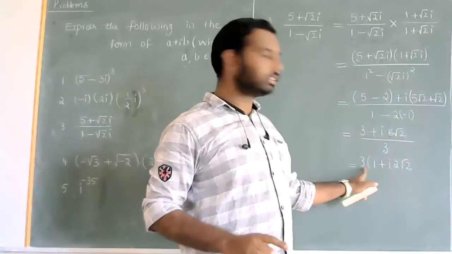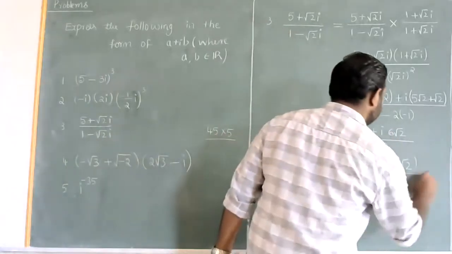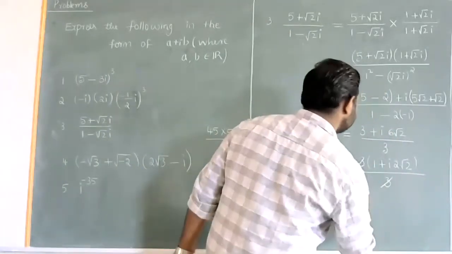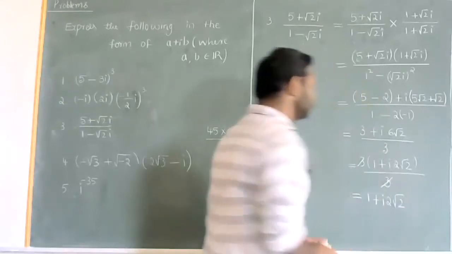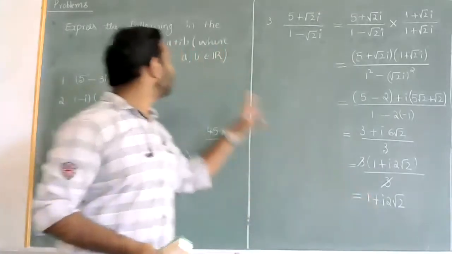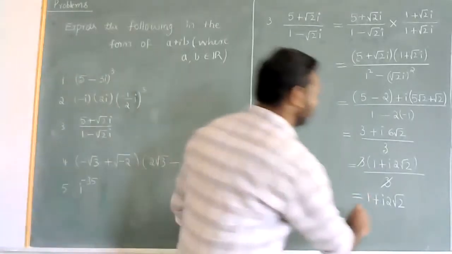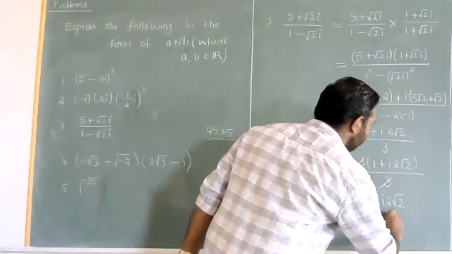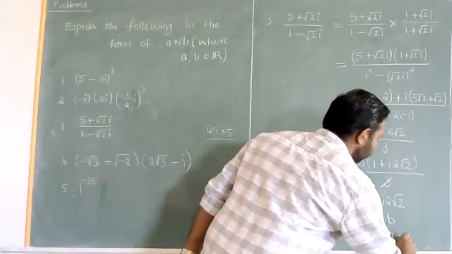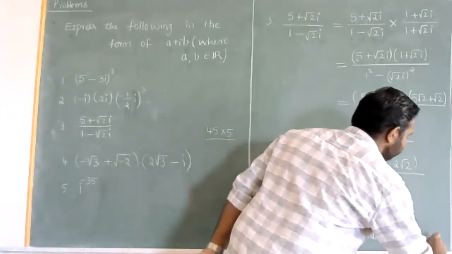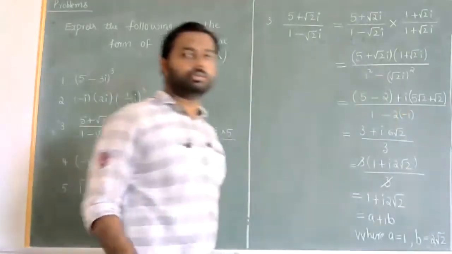If you take 3 outside, 2 will remain, divided by 3. So 3 cancels. So 1 plus i into 2 root 2. Hence we got the form of A plus iB, where A is 1, B is 2 root 2.